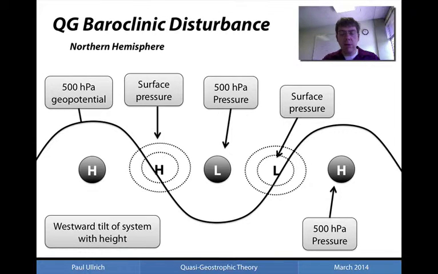In the upper level, in order to support the geostrophic wind, we have 500 hectopascal pressures, which are high, low, and high, here existing at the crest, trough, and crest respectively. Note that the system then has a westward tilt associated with it, and this is responsible for driving the northward propagation of energy associated with the system.